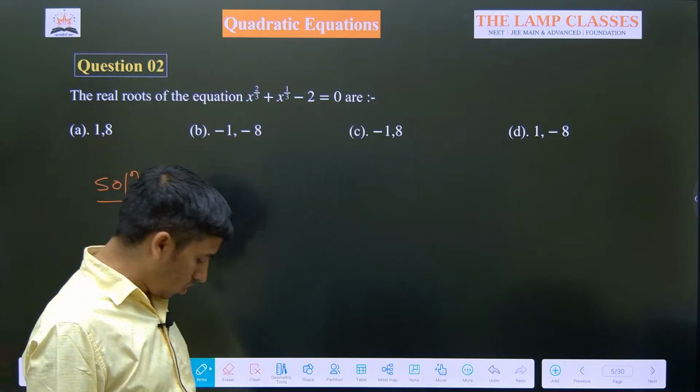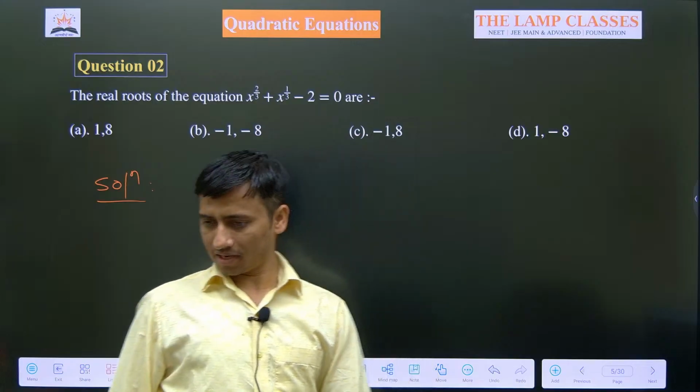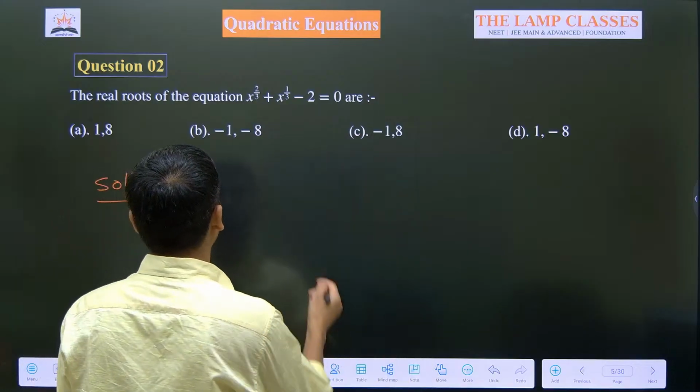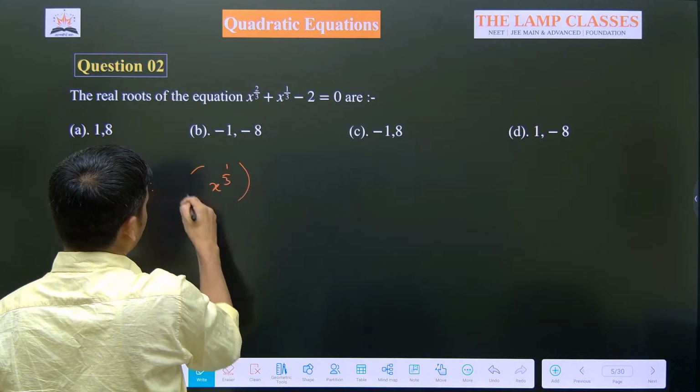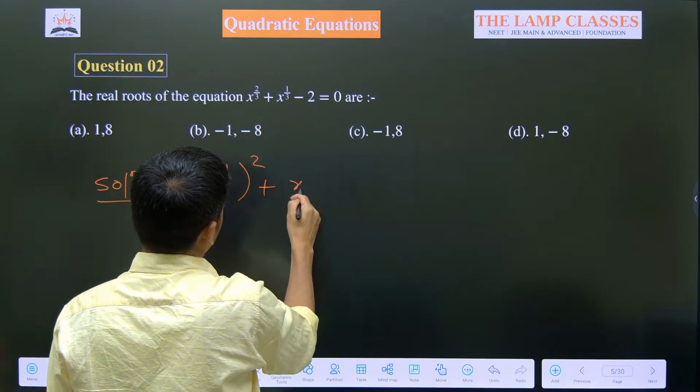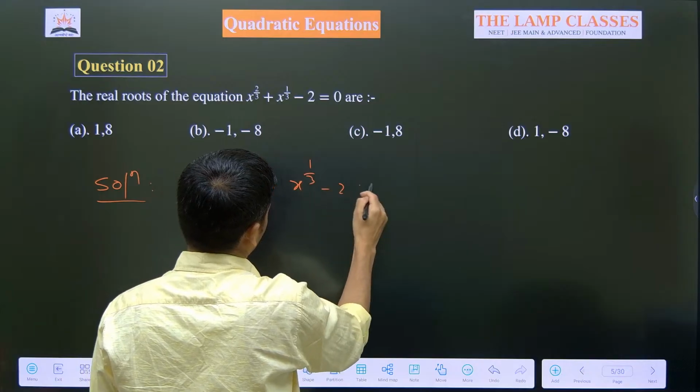So it may not be looking like quadratic, but we can convert it into quadratic, guys. We can write it as x raised to 1 by 3 the whole square plus x raised to 1 by 3 minus 2 equal to 0.